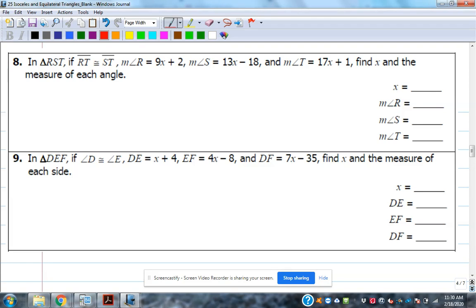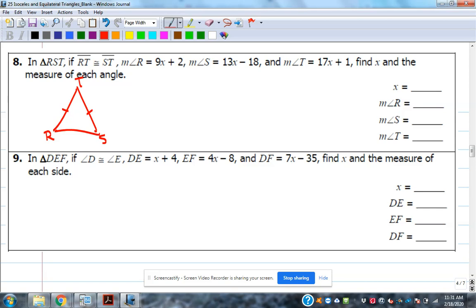At T. T needs to be up there at the vertex angle, because it is the vertex that's included in both of the congruent sides. And then you could do our work from there.